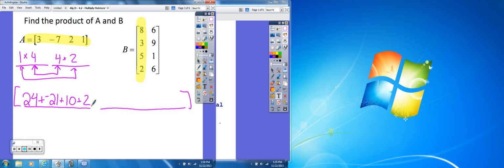Okay? So notice there's lots of spots to fill in there, right? This is not a problem you could do in your head. Plus 2. Now go ahead and fill in the other line for me. So that would be this row by the other column, the second column. Go ahead and fill that in for me.